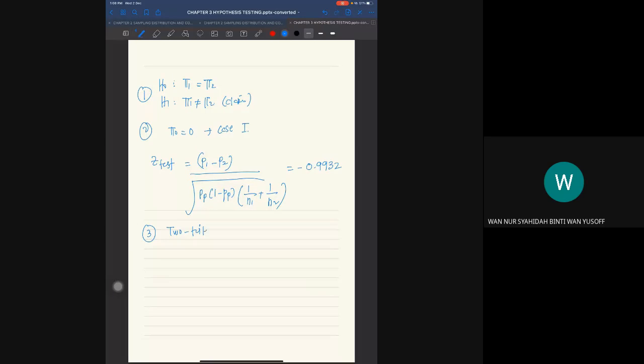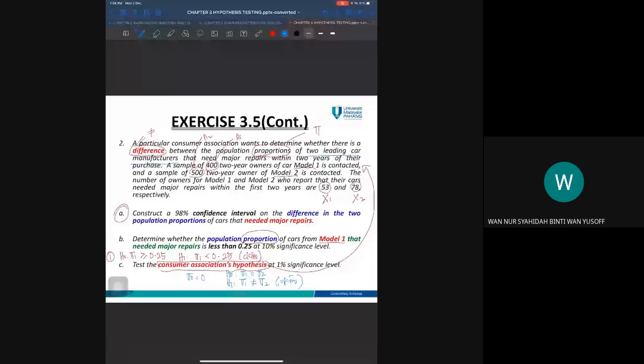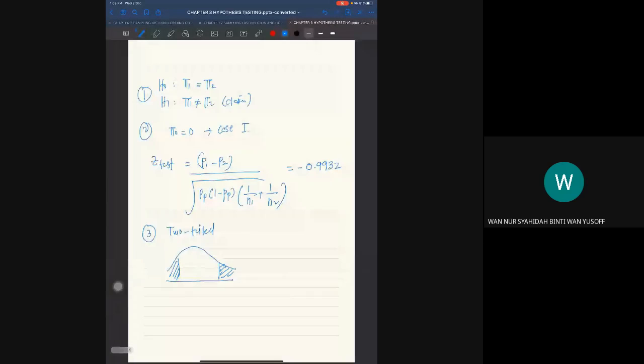Do we need to divide by 2 or not? Divide by 2. So the alpha just now was 1%. Divide by 2, we have 0.005. Right? Yes. Okay.